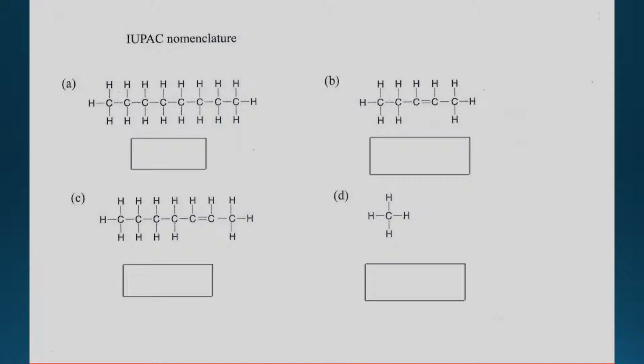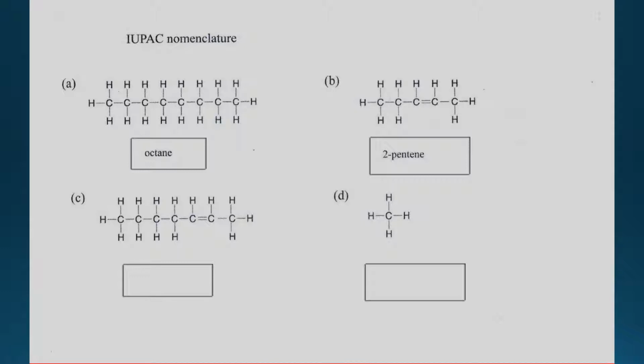What is the name of it? A. This is a single bond, 4C, butane. B. What's the name? 5C, double bond, ends with ENE. 2-pentene, position 2.